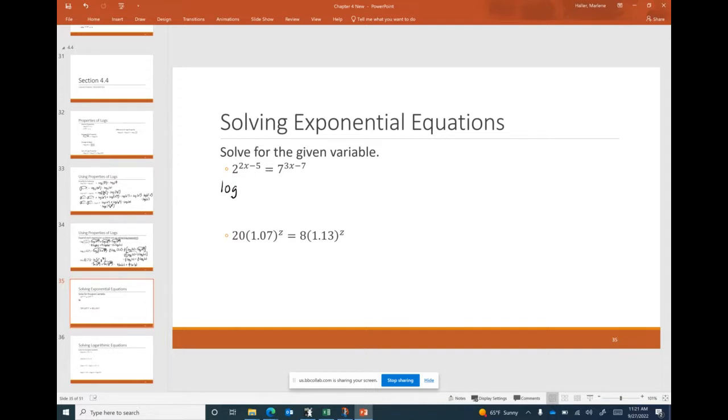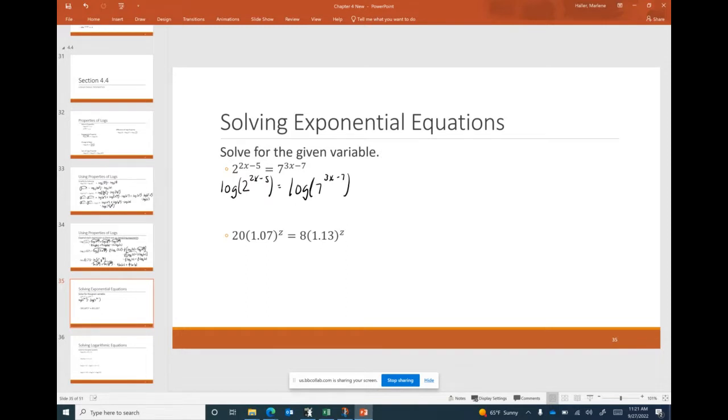I'll just use common log. So then we'll have the log of 2 raised to the 2x minus 5 power equal to the log of 7 raised to the 3x minus 7 power.